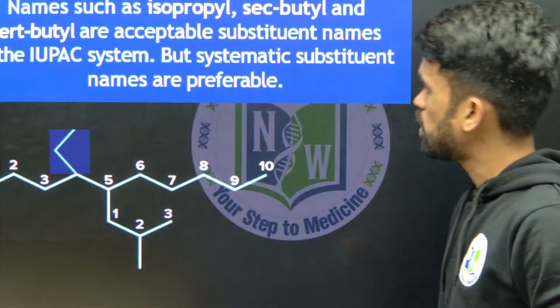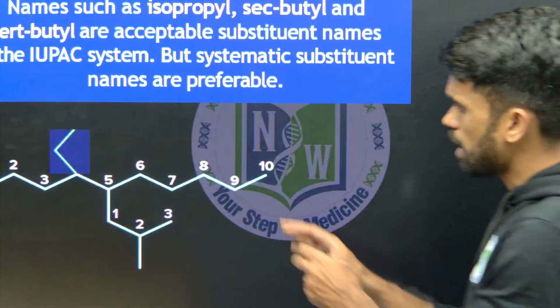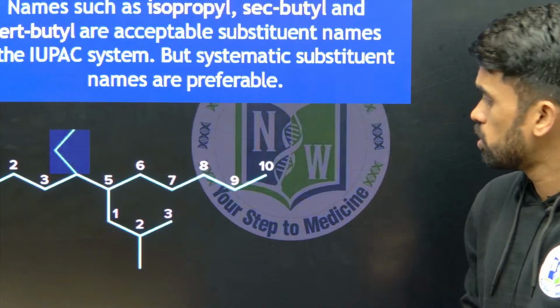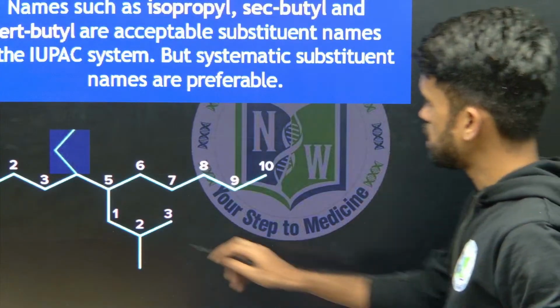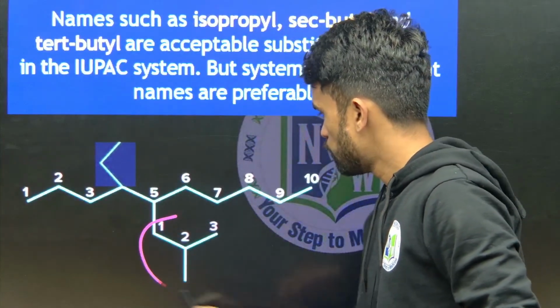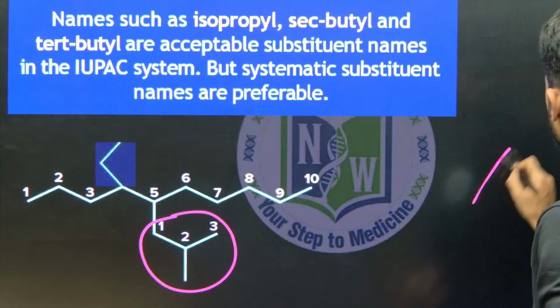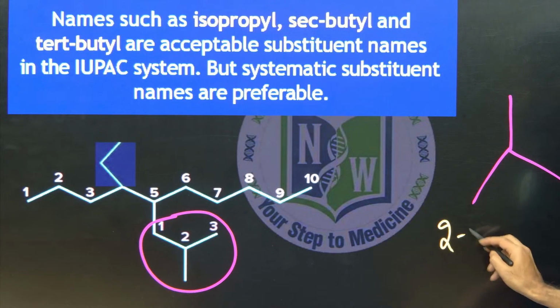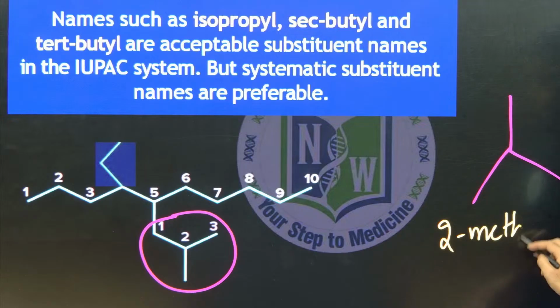Can you write the name for this compound? See, again numbering is mentioned here, you can write it. And we have this chain as a substituent here. Whenever there is something like this, you can simply call it 2-methylpropane. This is the perfect IUPAC name, 2-methylpropane.